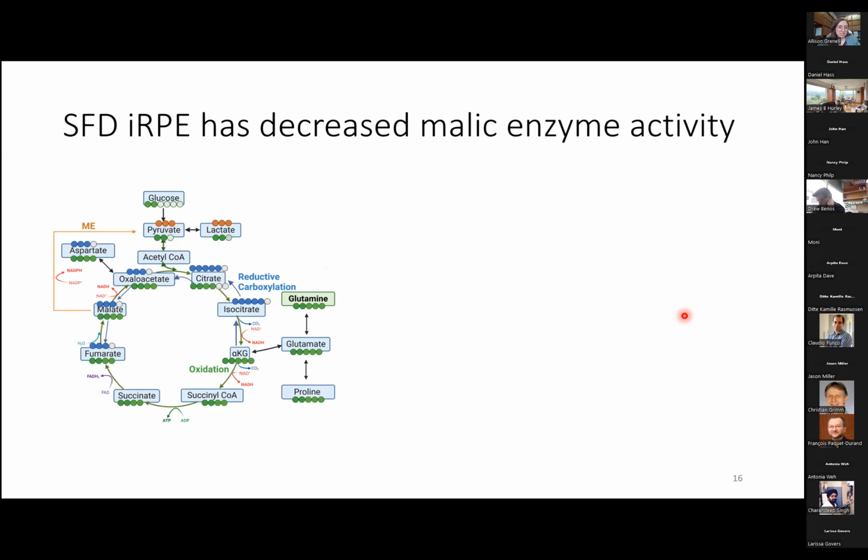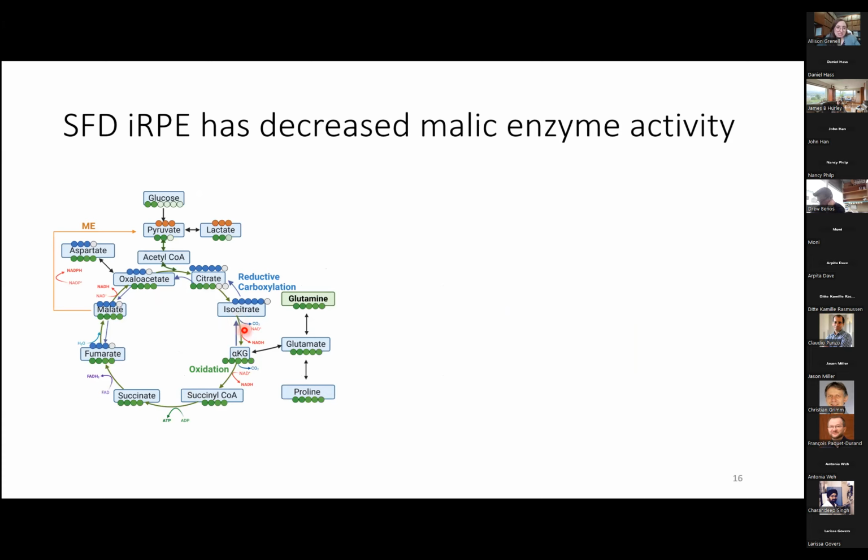So to do this, I used uniformly labeled glutamine. So this is glutamine where all of its carbons, all 5 of them, have been replaced by heavy carbon 13C. And then we can look at the amount of labeled carbons incorporated into downstream metabolites in order to understand how much glutamine is feeding into the TCA cycle to replenish intermediates.